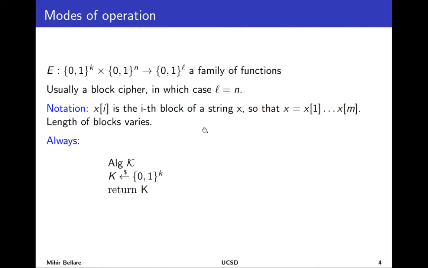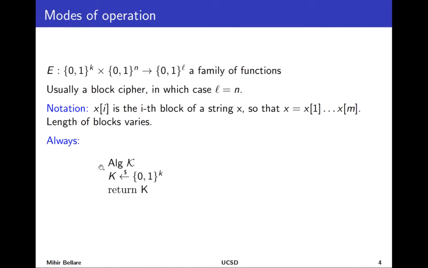We will be breaking messages into blocks. So when you have a message X to encrypt, we will let X sub i be the ith block and view X as a sequence of blocks and let m be the number of blocks. How long a block is varies. It's usually either n or l, depending on the scheme, and we'll specify that when we get to the scheme.